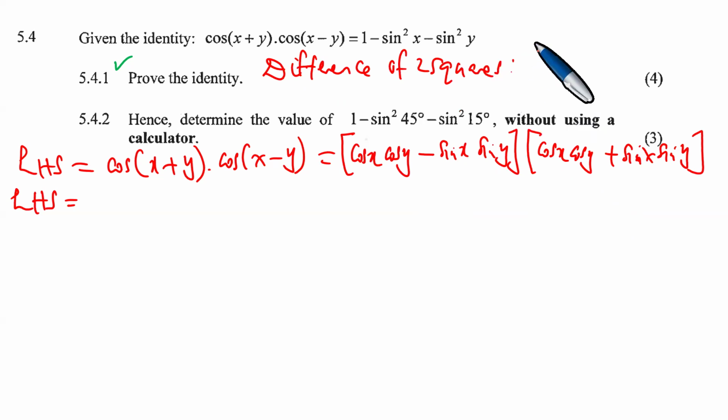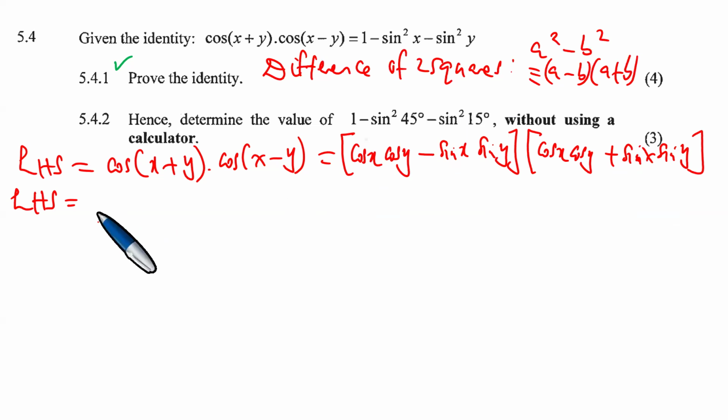What is the difference of two squares? If you have a squared minus b squared, it is a minus b and then a plus b. So it's the same thing, because it's just cosine x cosine y, sine x sine y. These two expressions differ by the sign in the middle.